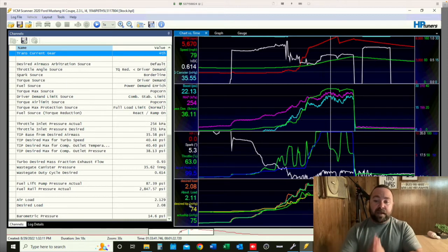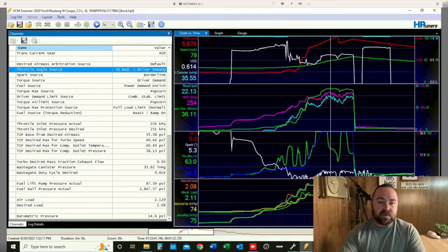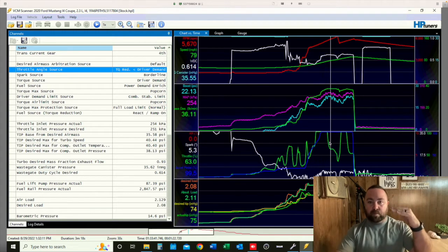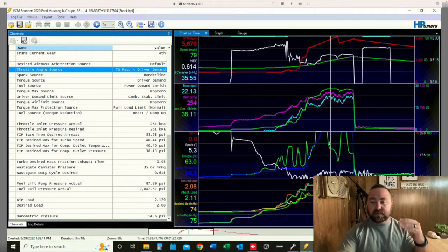So that right there tells you why that throttle blade is closing. Go over here to throttle angle source. That is a torque request from the driver demand table. And it has achieved that and plus some. So the throttle blade is going to close to try to limit boost, limit airflow, to bring that torque back down to the requested amount.